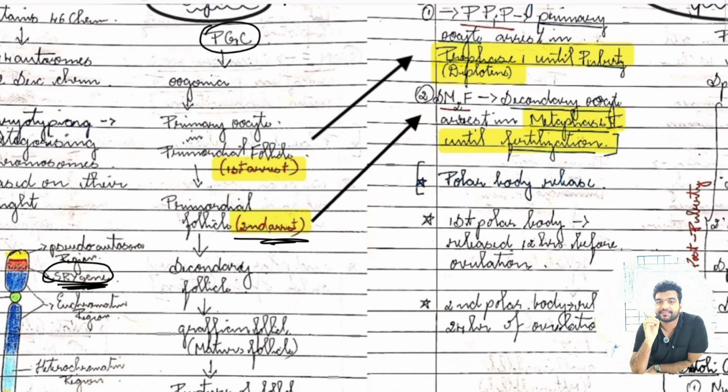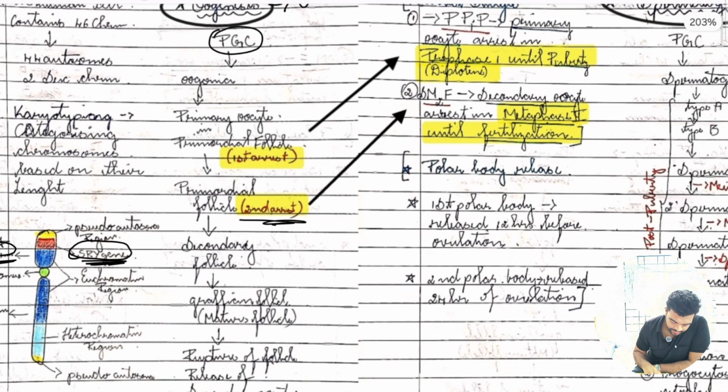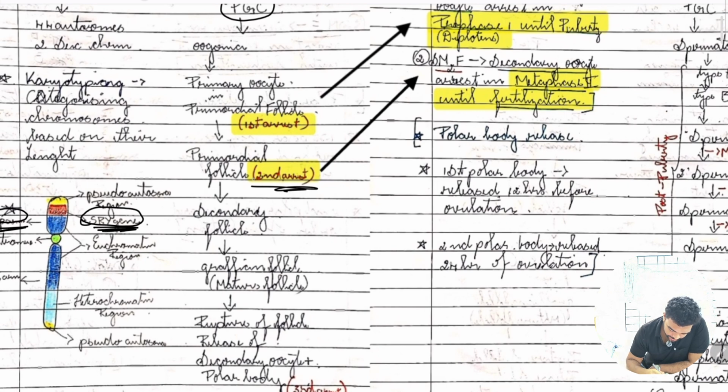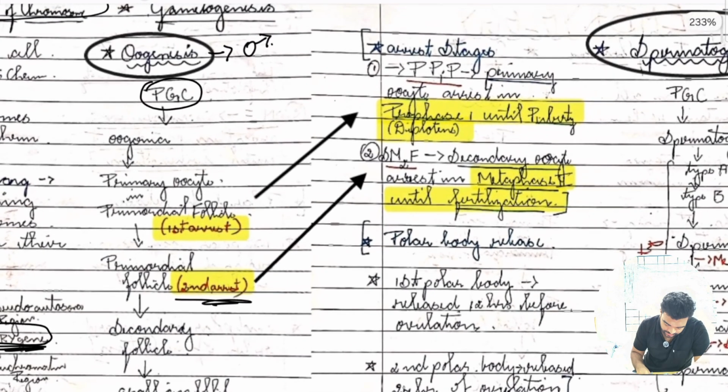During oogenesis, the oocyte will get arrested at two different steps. Those steps are prophase 1 and metaphase 2. In prophase 1, the oocyte will be arrested in the diplotene stage until puberty.